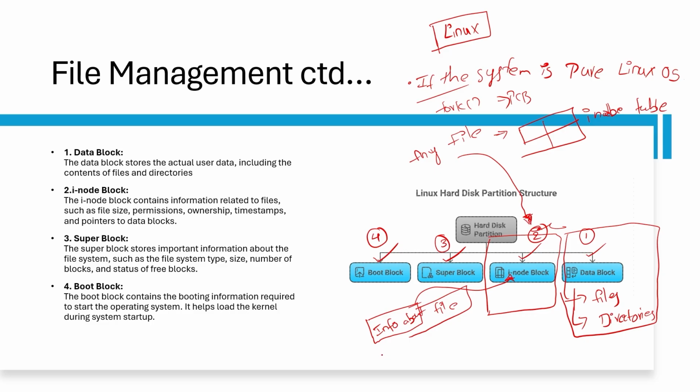Next, the third block. What is the third block? The super block. What does it contain? It contains file system information.